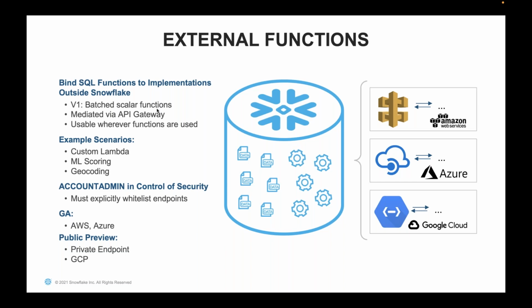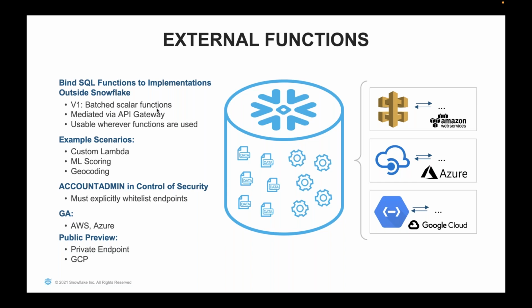Let's say somebody has created a function for scanning an email written in English and converting it into Cantonese. Cantonese is a Chinese language. So what I do is I write an external function and deploy it on Amazon Web Services, and the email is contained as an input in my Snowflake.